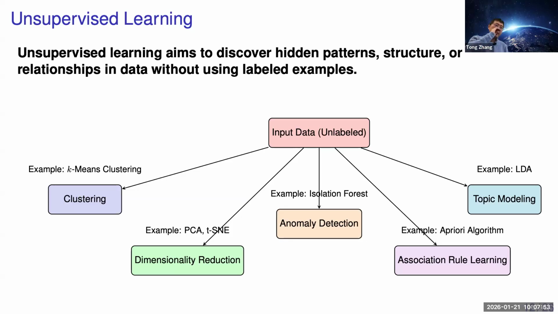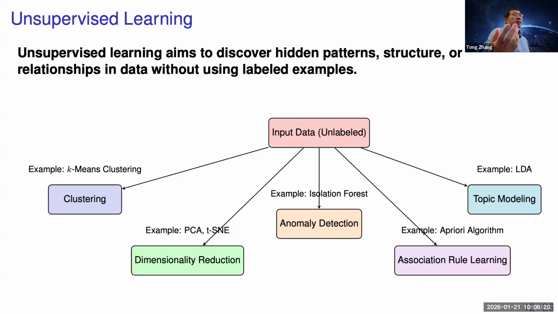The classical example is PCA, principal component analysis, but more recent ones are autoencoders, variational autoencoders, contrastive learning, and so on. These are the things we will talk about: smarter dimensionality reduction, and how to do that.